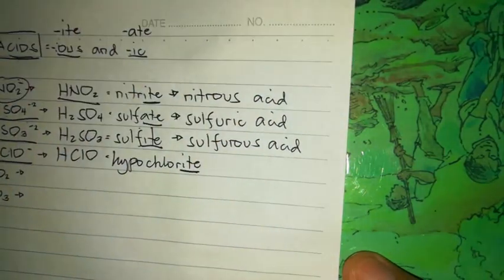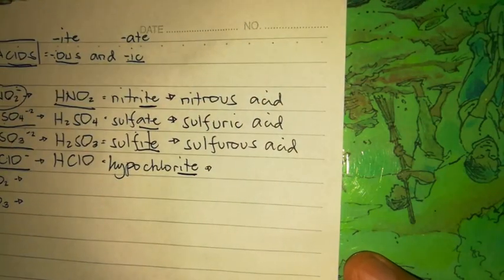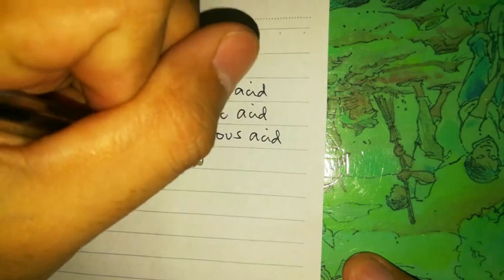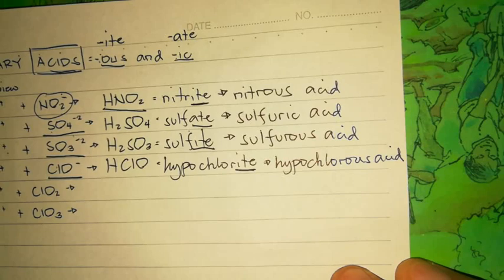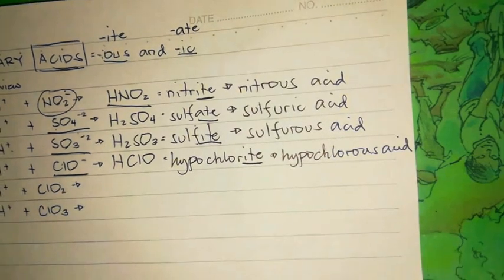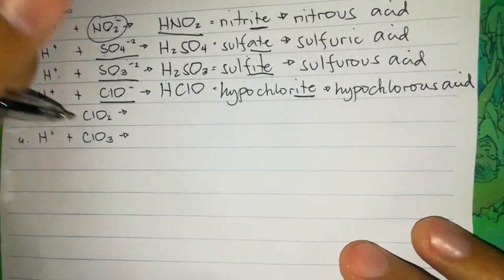ITE ang dulo niya. So, therefore, mag-change yan from ITE magiging OUS. It will become hypochlorous acid. In ternary acids, nagdadagdag lang tayo ng acid sa dulo to determine that it is indeed an acid.